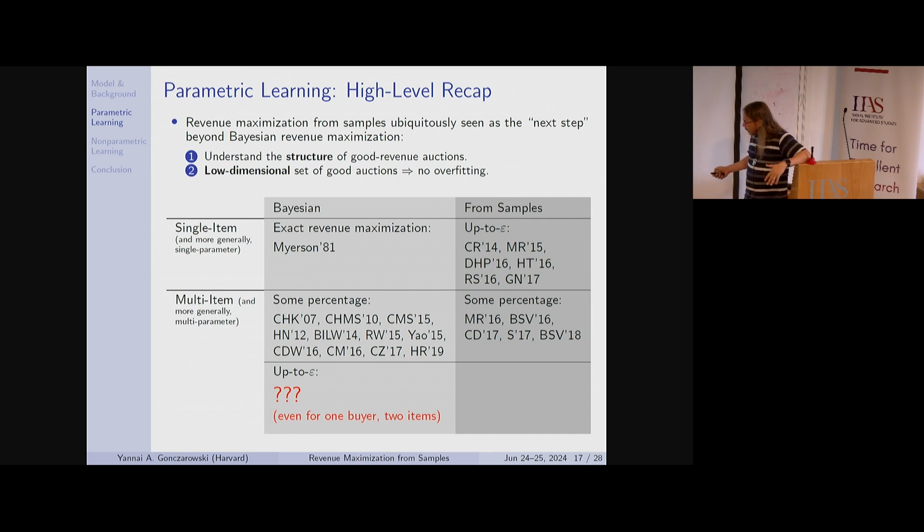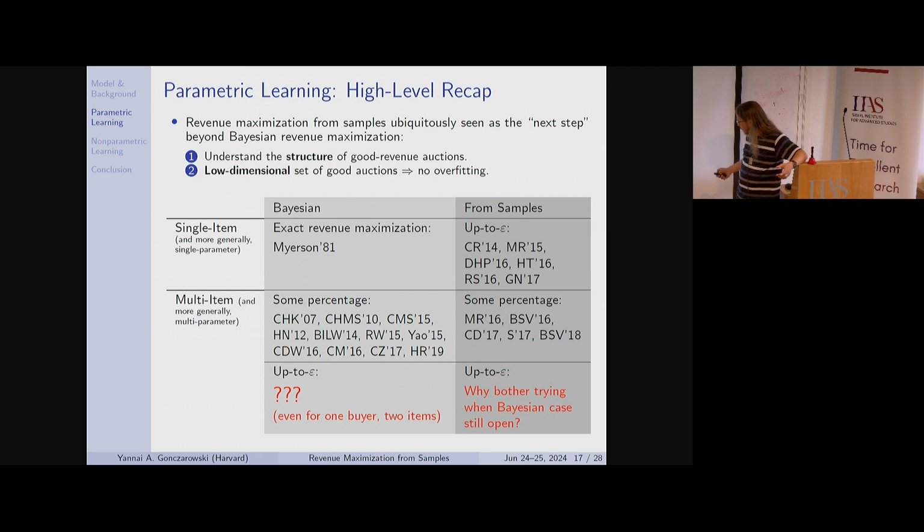So in that vein, if we want up to epsilon, you can think about 99% of the optimal revenue. As Sergiu told us, even for one buyer, two items IID, we have no idea what optimal auctions look like, what up to epsilon optimal auctions look like. So this two-step dance, we're kind of stuck in the first step.